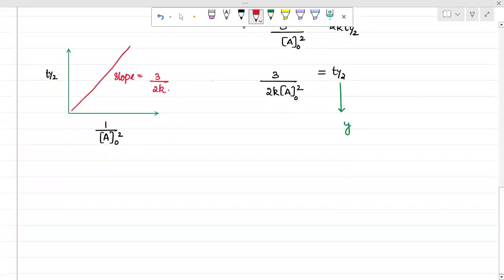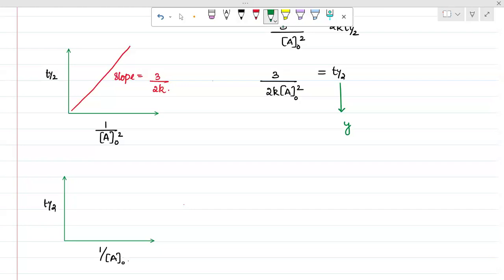But if the question is to plot t half versus, let's say, 1 by initial concentration, not 1 by a squared, 1 by a, then how will the plot look like? Understand that now this is t half, which is y, and our x element is only 1 by a naught.